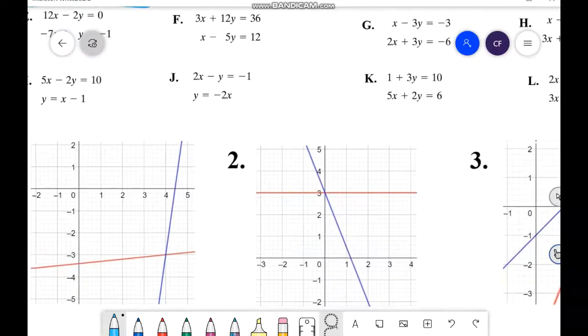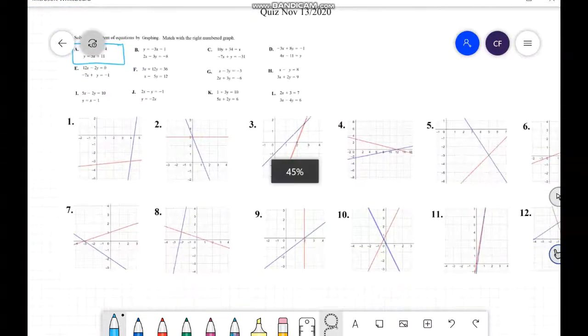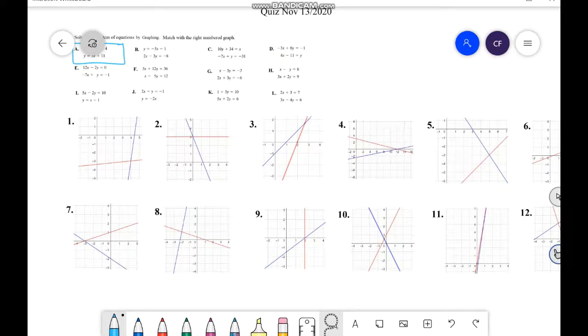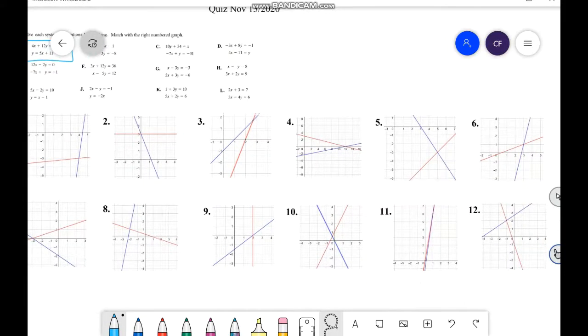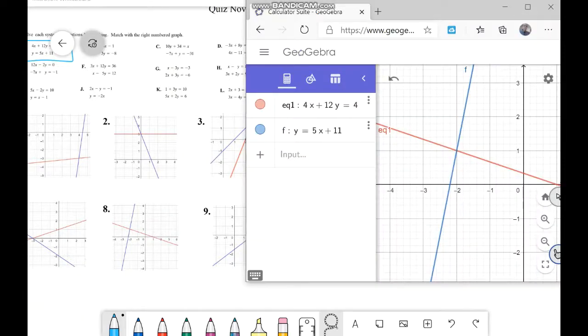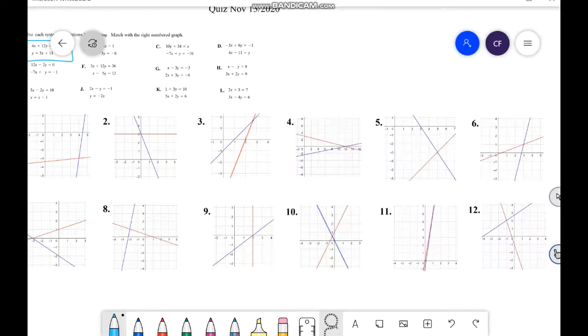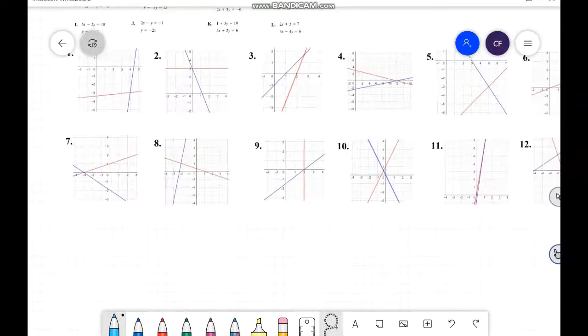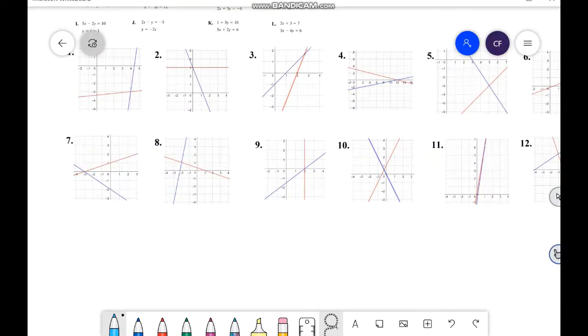We need to find one where the intersection is x equals -2 and y equals 1, right? Let me check again: x equals -2, y equals 1.